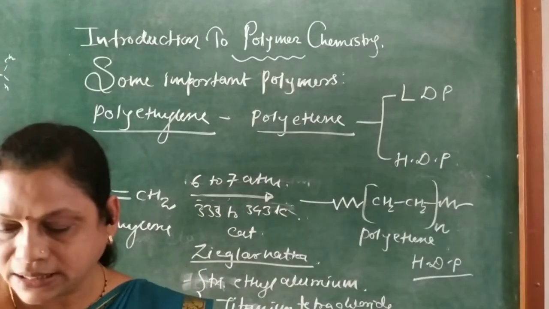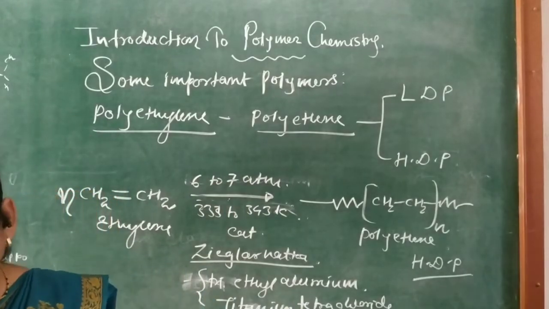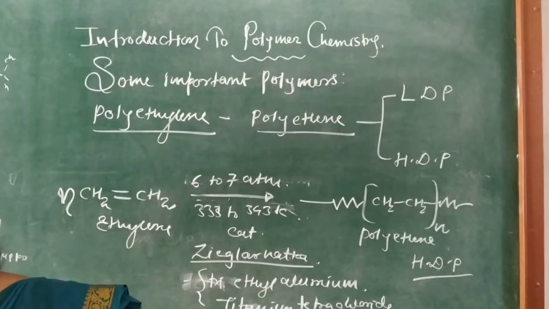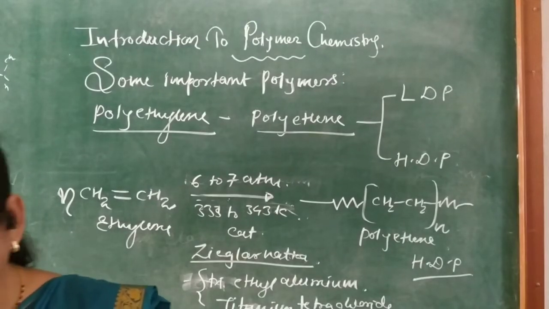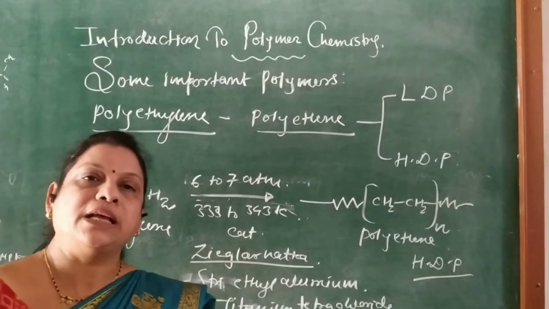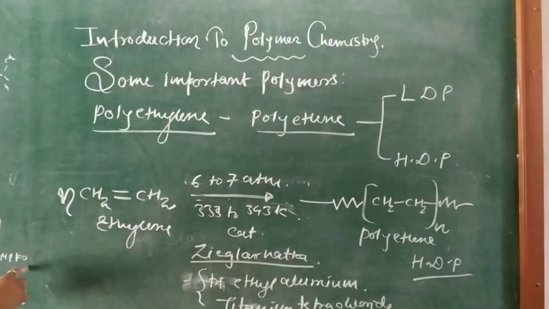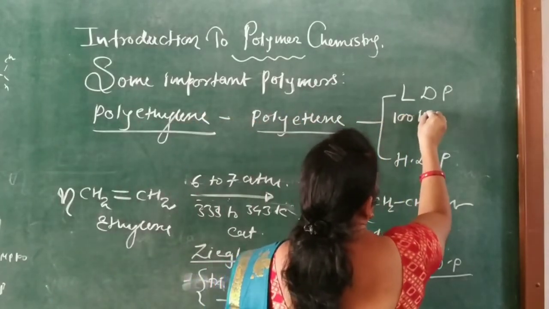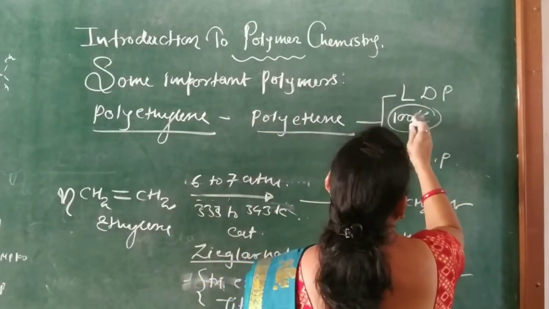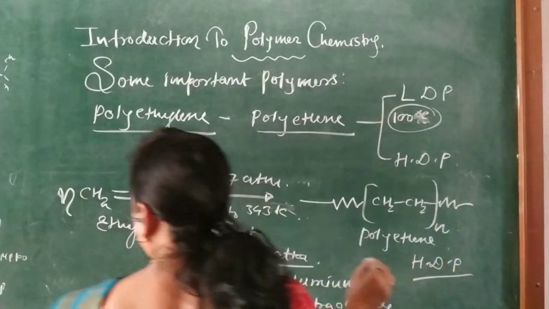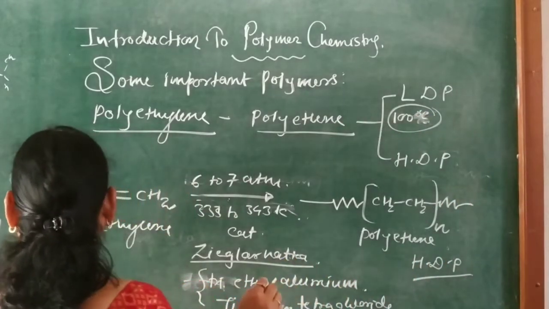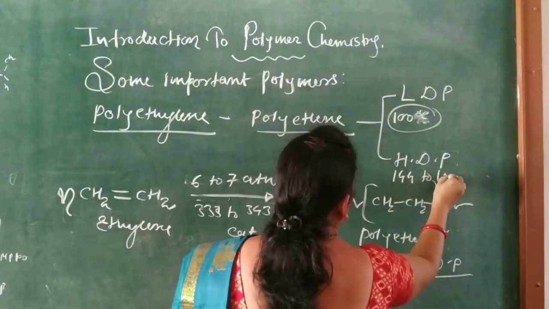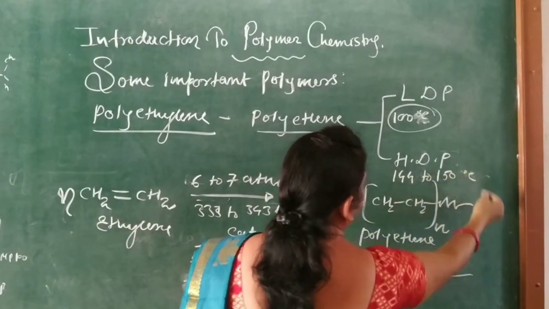This high density polymer is used in the manufacturing of toys, household articles, buckets, dustbins, bottles, pipes, etc. Low density polymer has a melting point near about 100 degrees Celsius, while for high density polymer it is 144 to 150 degrees Celsius.